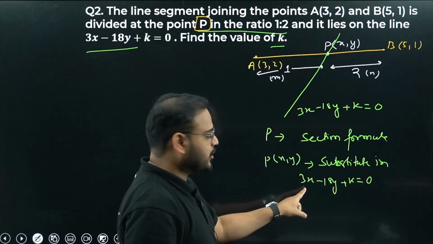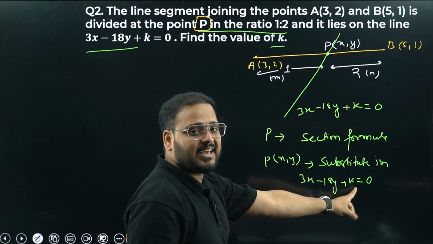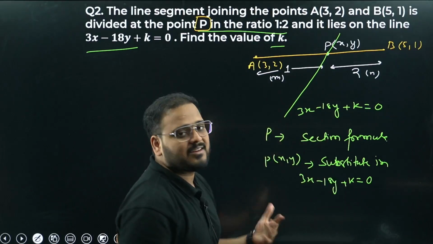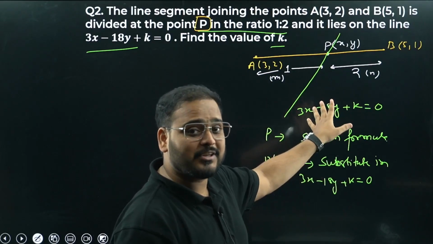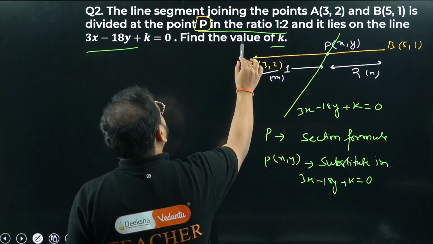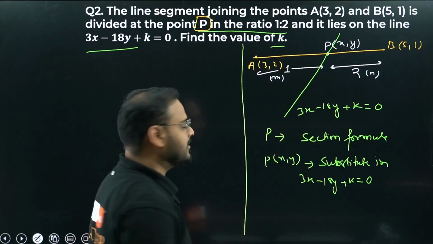Substitute the x value here and the y value here, and k will be the only unknown. You'll get the k value at the end of the question. I can give you this for homework, but since it's the first question, I want to solve it for you.